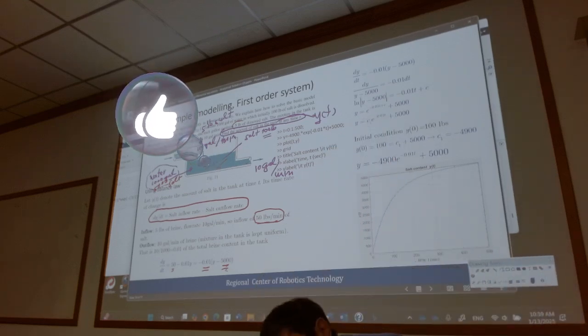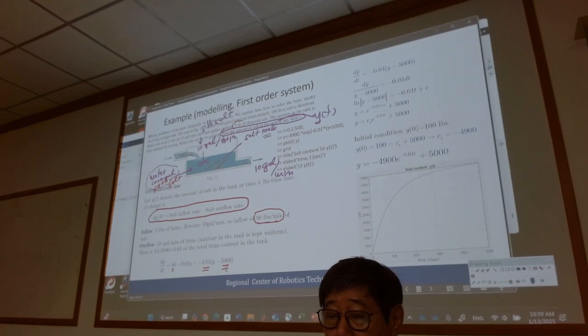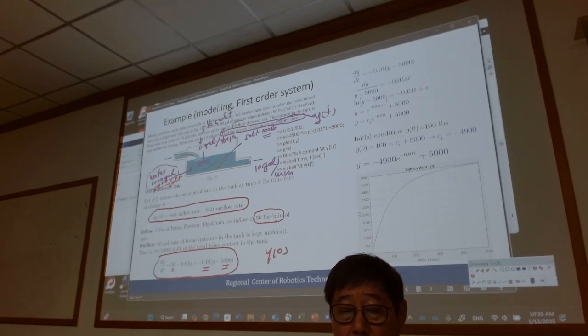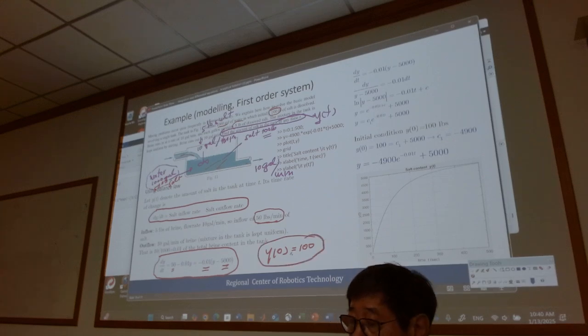You have to solve this for y, and you know the initial condition y(0). What is it? With 1,000 gallons you have salt 100, so the initial salt is 100. Solve this with the initial condition.